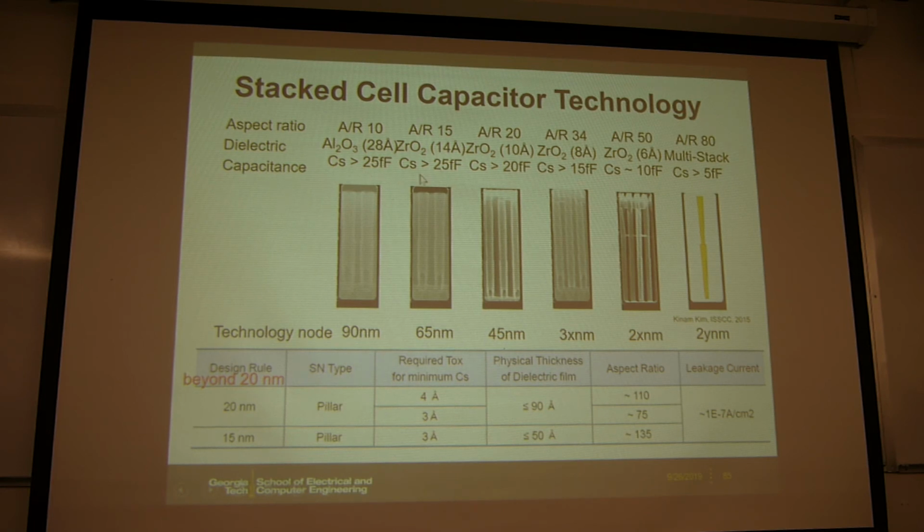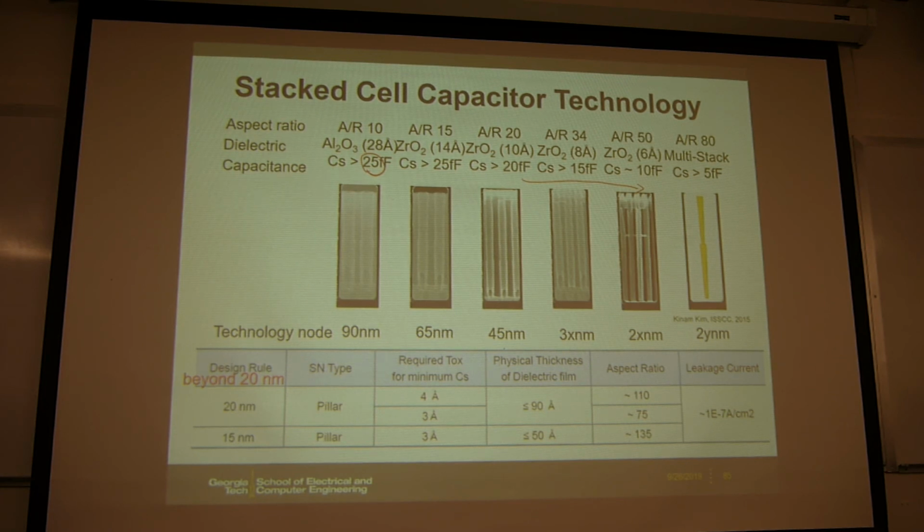As I said, 25 femto is a typical value, but we really cannot support this. So you see this value is still shrinking over the generations. So this is the trend of the capacitor. It's really difficult these days. That's why not many companies can produce DRAMs.